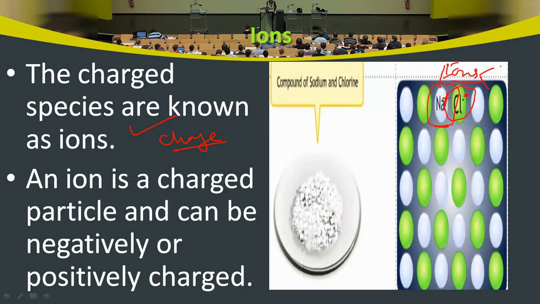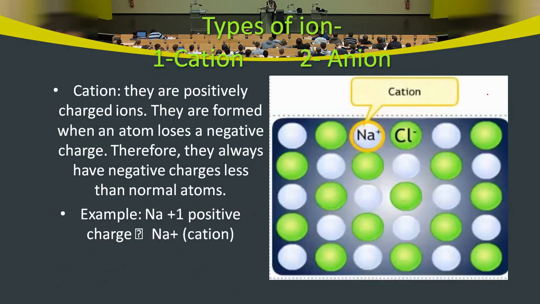The ions are of two types, cations and anions. So let us see one by one. Any charged species are known as ions. Already told that ions are of two types, cations and anions. The cations are generally positively charged elements. If you see this figure, the sodium ion has a positive charge. They are positively charged and that's why they are called cations.